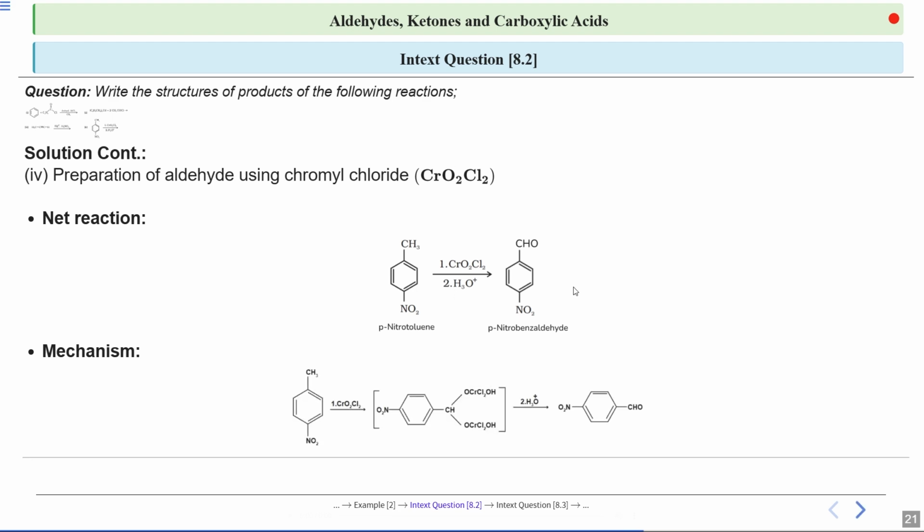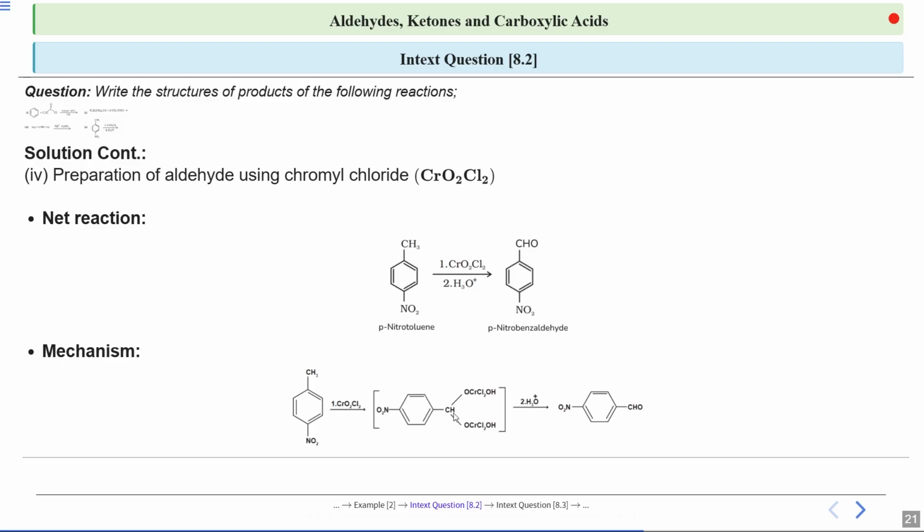If we look at the mechanism, the chromyl chloride forms a complex with the methyl group of para-nitrotoluene, which leads to the formation of a chromate ester intermediate at the benzylic position.